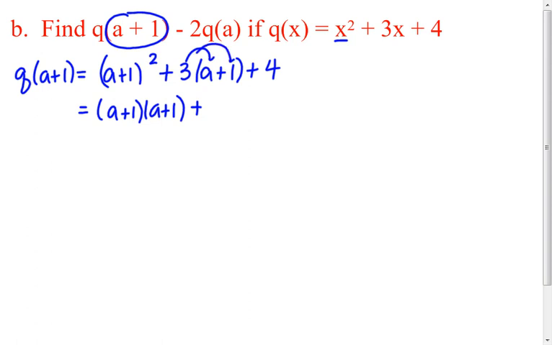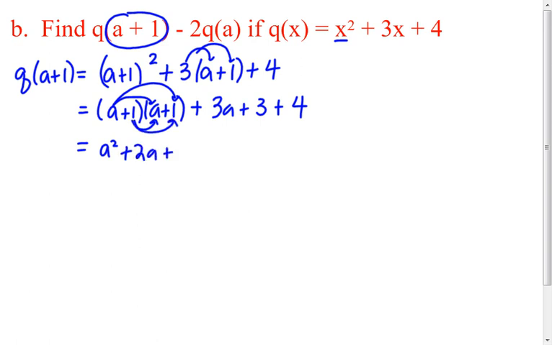Here, of course, I will distribute the 3. Okay. When I square this, I need to FOIL it. So a times a is a squared. My outsides are a, my insides are a. So when I have an a plus an a, that means I have 2a. And then my last, 1 times 1 is 1. Okay, and then I have 3a plus, and I will combine this 3 and that 4 to make 7.